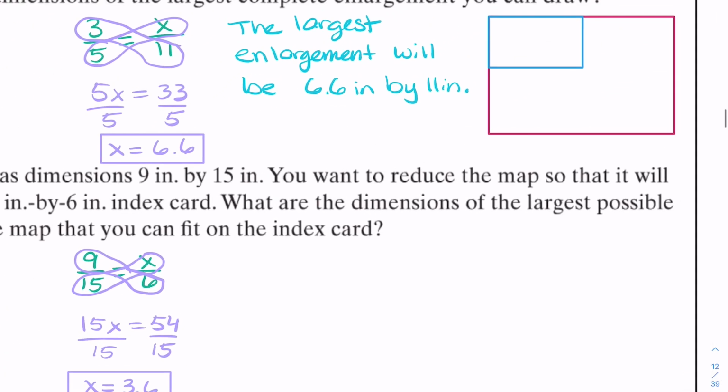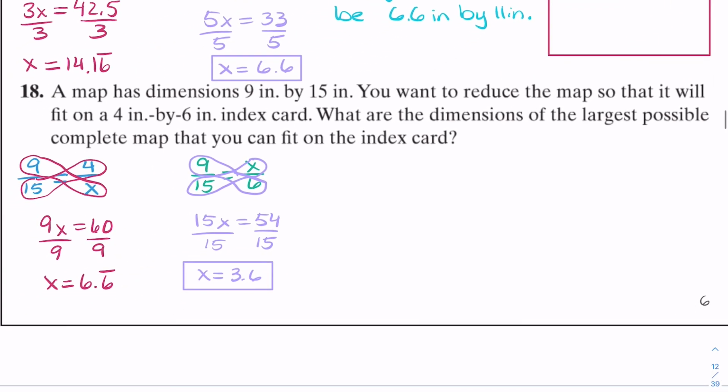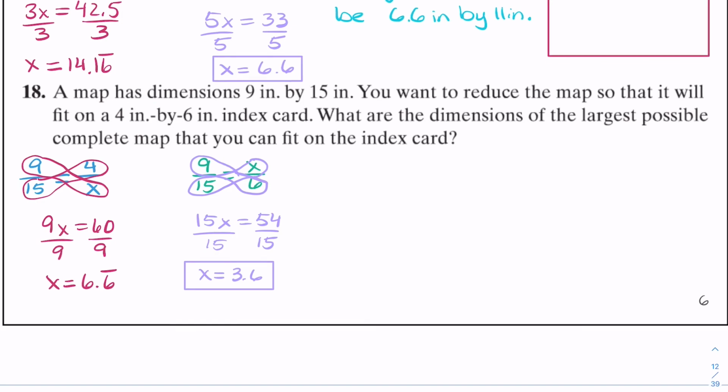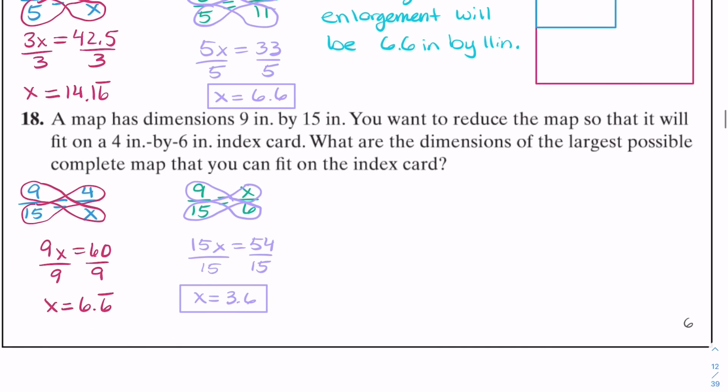So what are the dimensions of the largest possible complete map that you can fit on the index card?